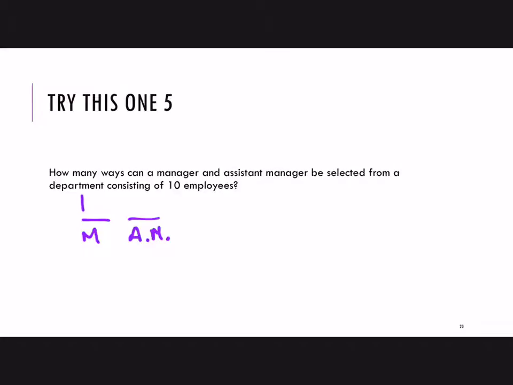We have 10 people that could be the manager, and then assuming that one single person can't hold both of those 2 jobs, that would give us 9 people left for assistant manager. So 90 different options. Let's try to work to a formula. This is a permutations problem, just with some out of the total options available.